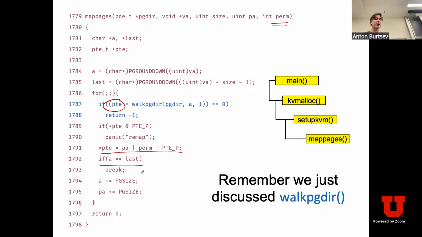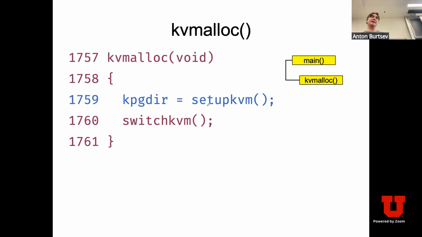And if we did everything correctly, by the end of this code, we exit from this function, set up kernel virtual memory. It returns us a new page table. This page table maps these 4 regions, just exactly as we described. And the very last thing which we want to do, we're going to switch to this new page table. And it's very easy as well. Remember that hardware register CR3, control register 3, contains the physical address of the page table.